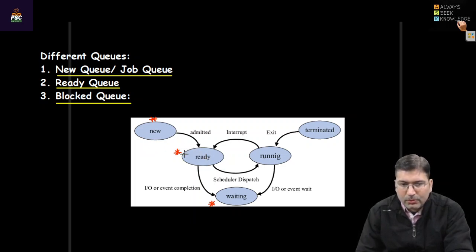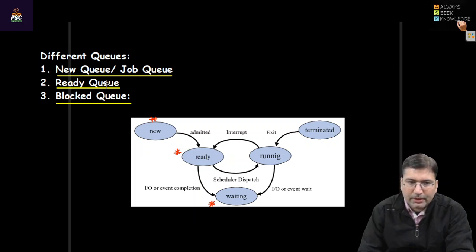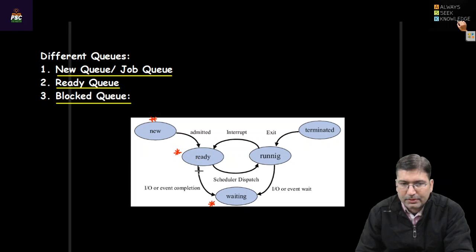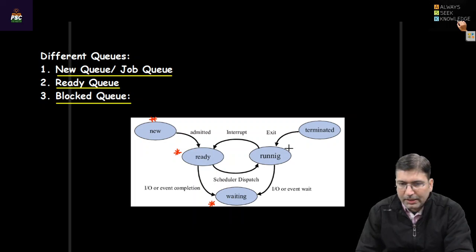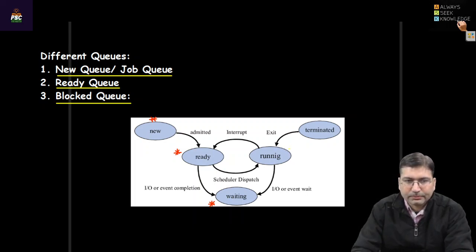Then on the ready state, possibly there can be a number of processes, so a queue called the ready queue is maintained on this state, and on the waiting or blocked queue also, because there can be a number of processes blocked at any given point in time, right? In running, if there is a single CPU, there can be only one process, so there is no queue here.